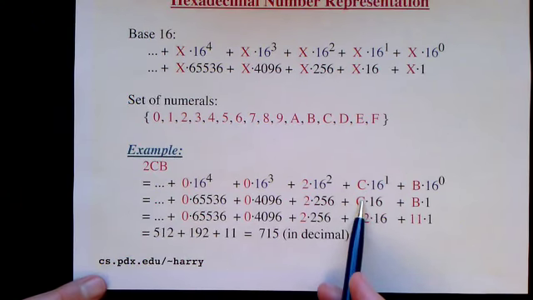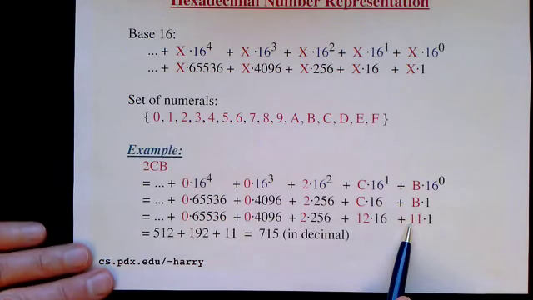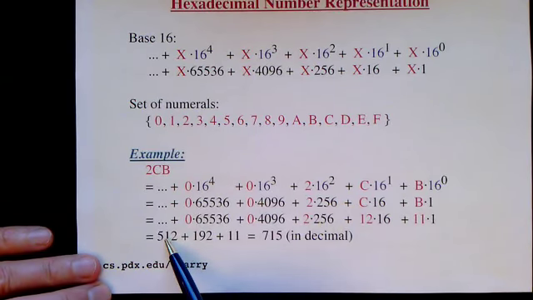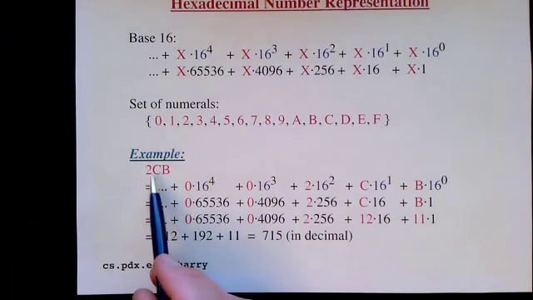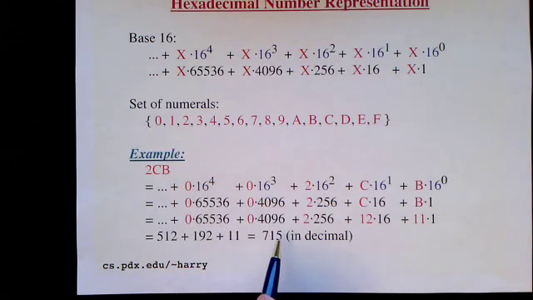What's C again? Well, remember, it's 12. And B is just one less than that. B is 11. So we have 2 times 256. That's 512. And then we have 12 times 16, which is 192. And then 11 more. And adding those together, we find out that the hex number 2CB is equal to 715 in decimal.